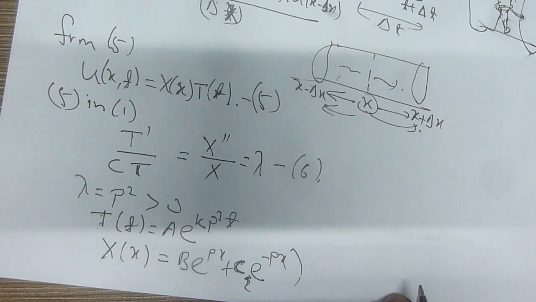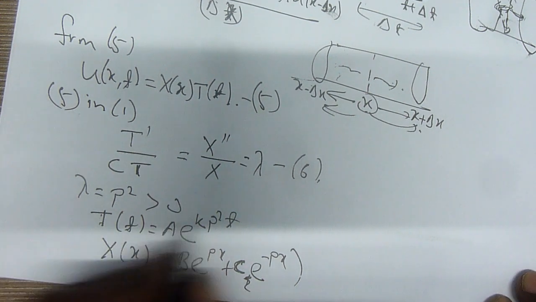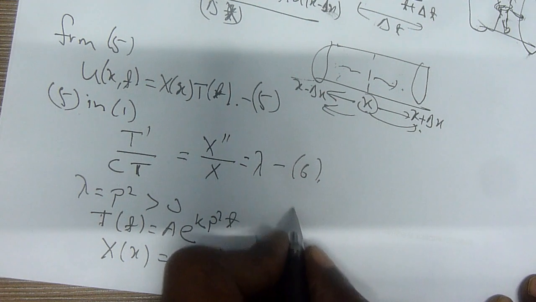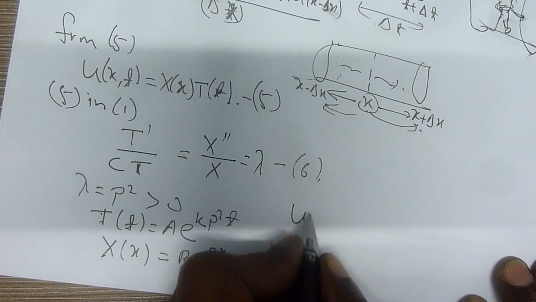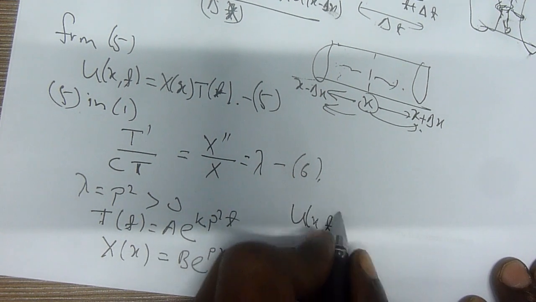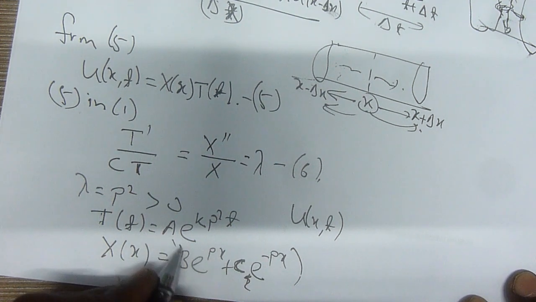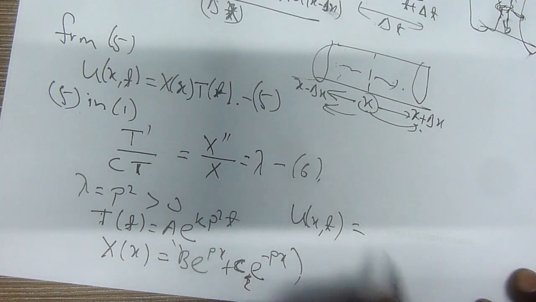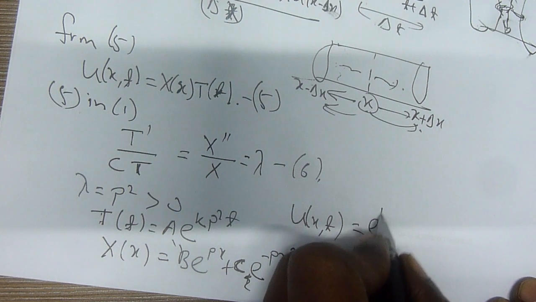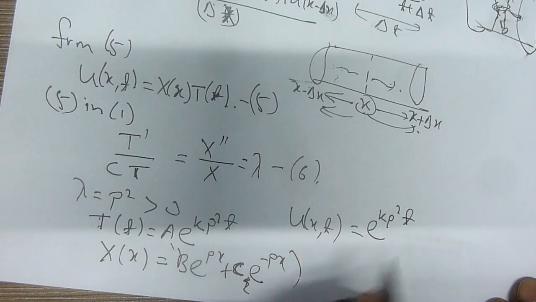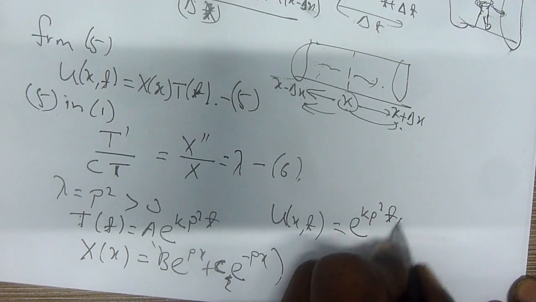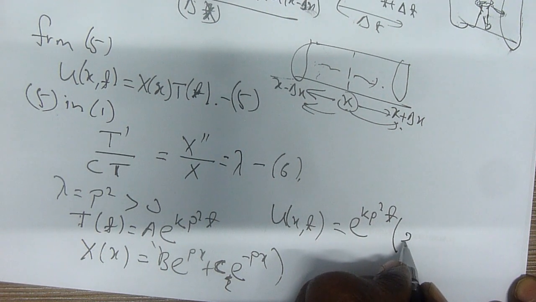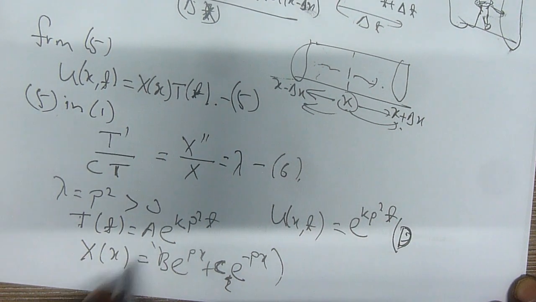The combination of this will give us one solution, as previously we discussed. But A times B with the things here, we can just write down k p^2 t, maybe I call it D. After A times B, we call it that as D, no problem, but it cannot be the same, right?